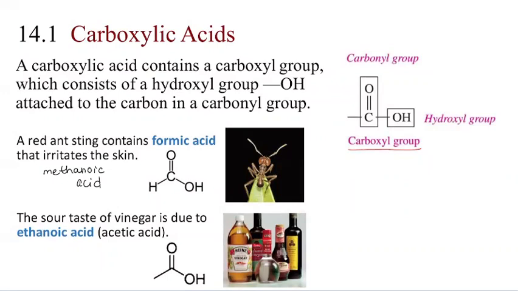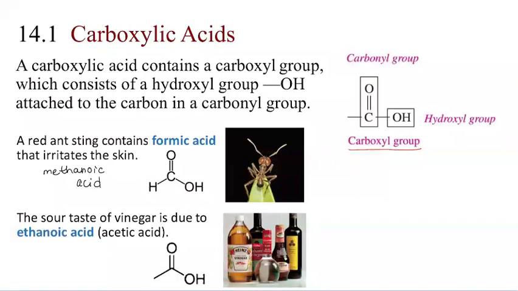Now, another compound that you may be familiar with in terms of taste is vinegar. And when it comes to vinegar, what gives that sour taste, similar to many of the carboxylic acids out there that you can consume, is ethanoic acid, which is the same thing as acetic acid. Acetic acid is the common name for this compound.